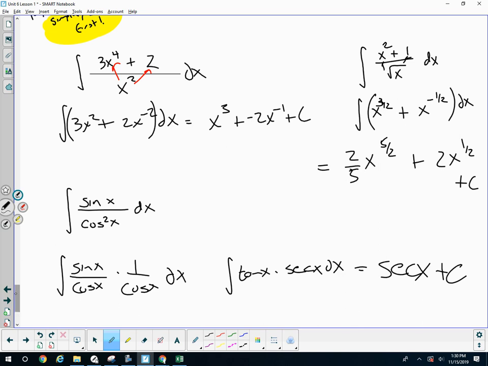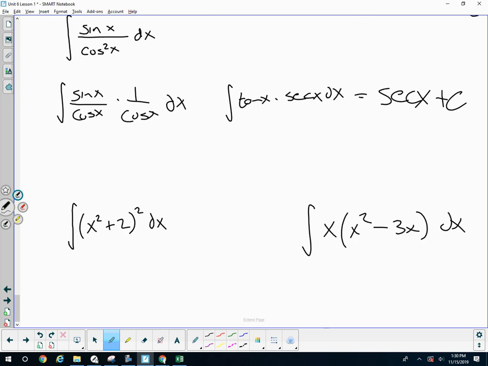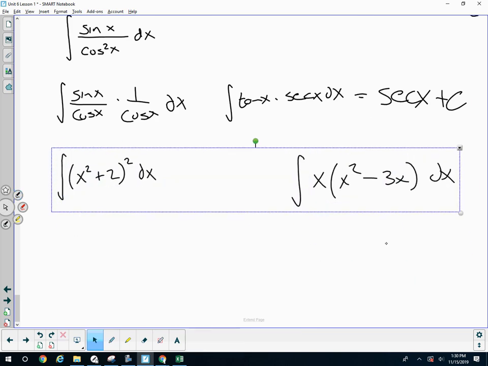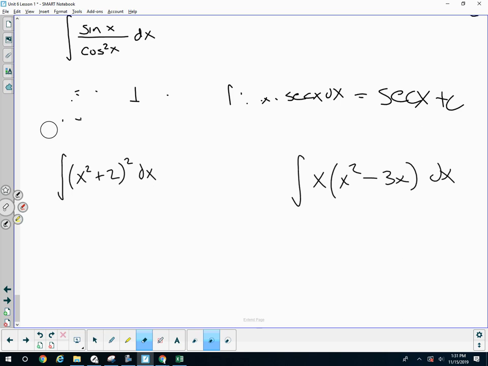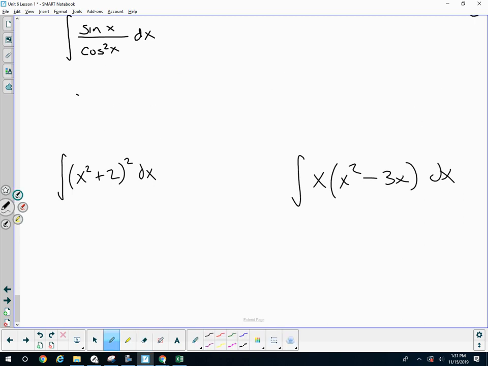Simplify the quotients. There is no product rule. I threw this one in. This is an extra. Please write this into your notes. You either need to distribute. This is easy to distribute. Or square things so that you can use the power rule.